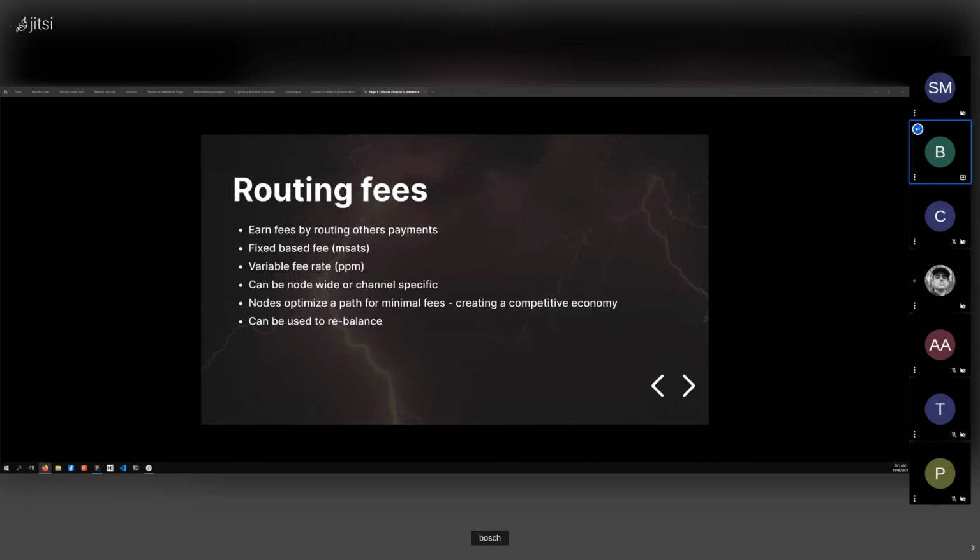Yeah, that does. Okay, so that makes the math a little bit easier. So 1 million sats at 1 ppm would be a routing fee of one sat. Yeah.